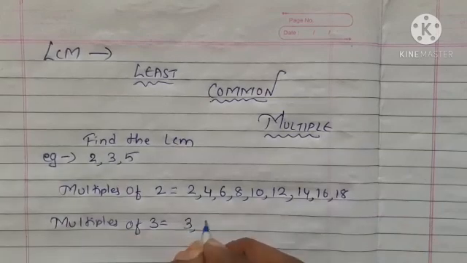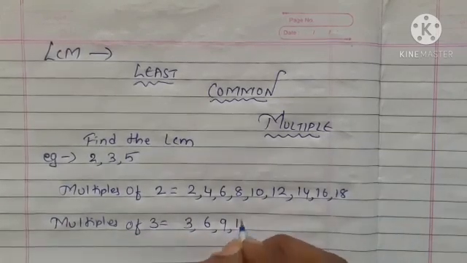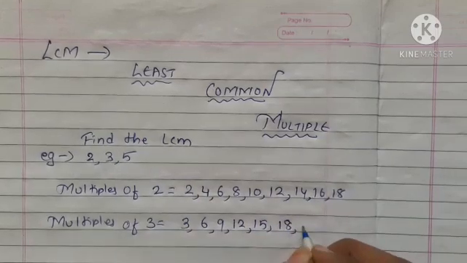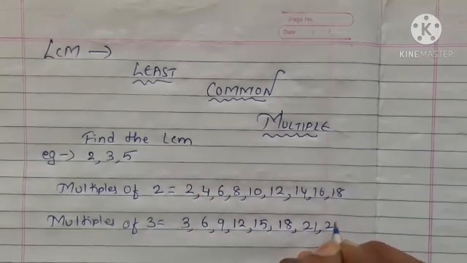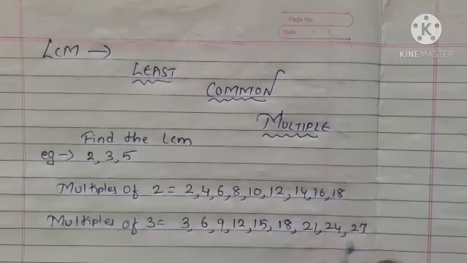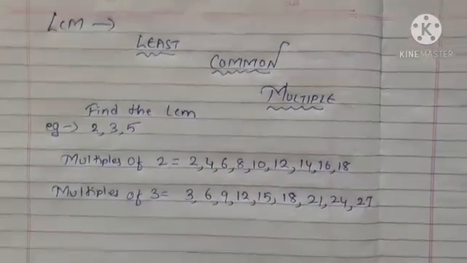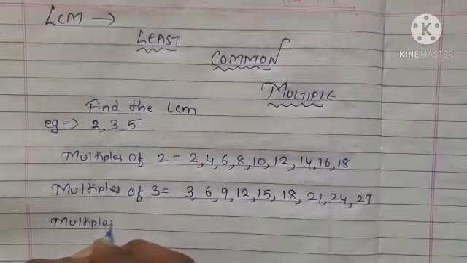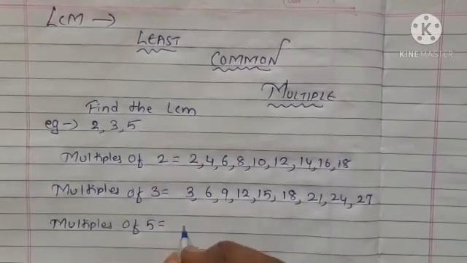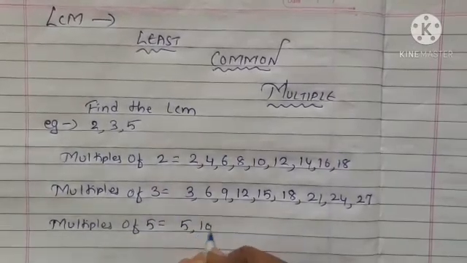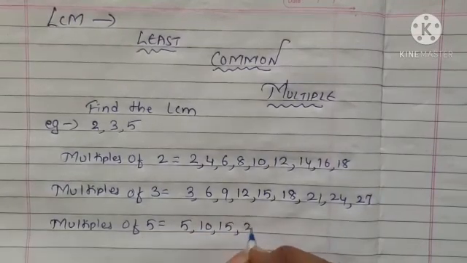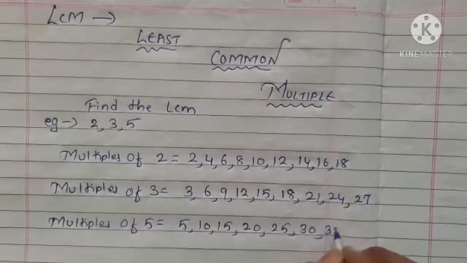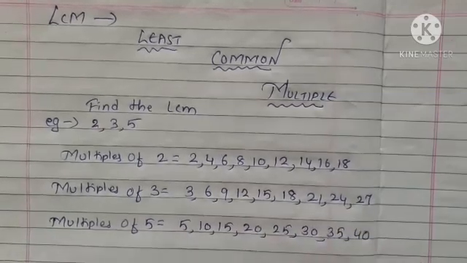They are 3, 6, 9, 12, 15, 18, 21, 24, 27. Then we will find the multiples of 5. They are 5, 10, 15, 20, 25, 30, 35, 40.